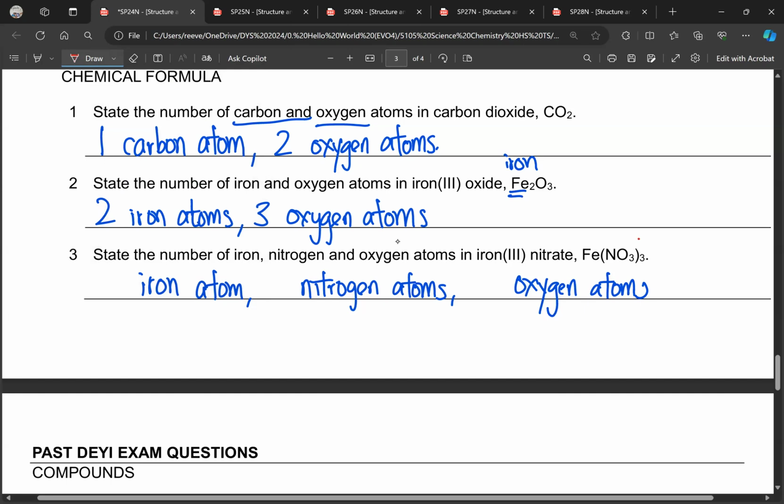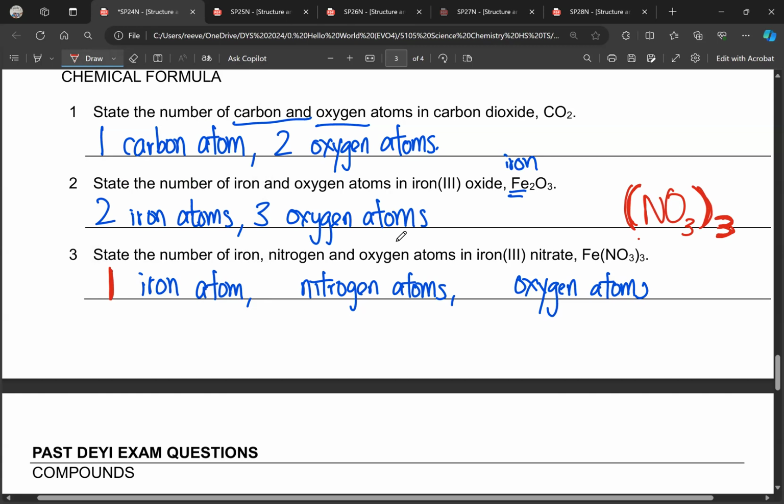And where is the bracket? You look carefully, the bracket is surrounding the NO3. And after that, there's a 3 outside on the right of the bracket. So I can safely say my iron, there's only 1 because the iron is not affected by the bracket. There's just 1 Fe only.